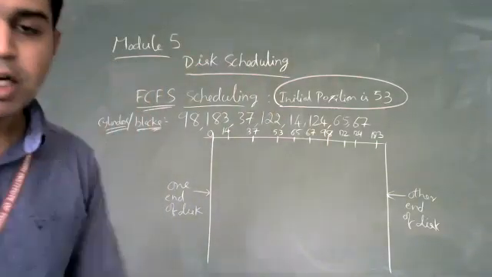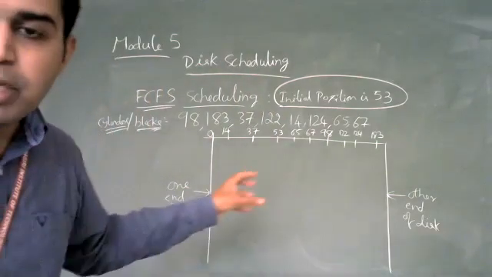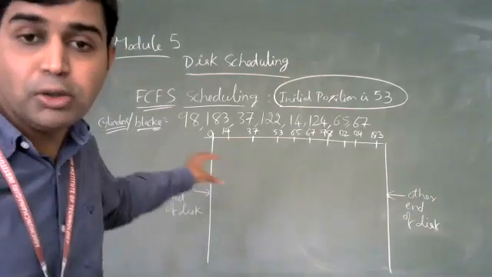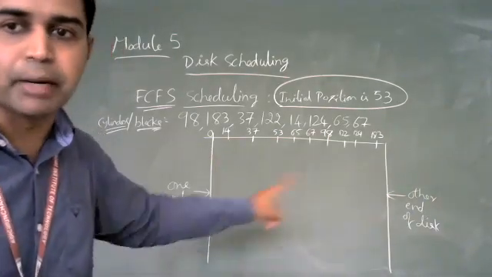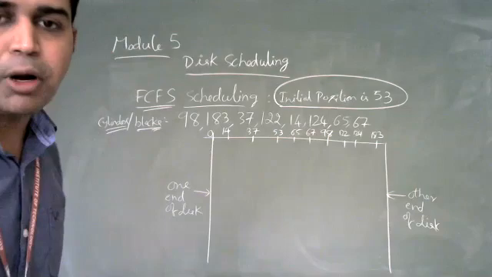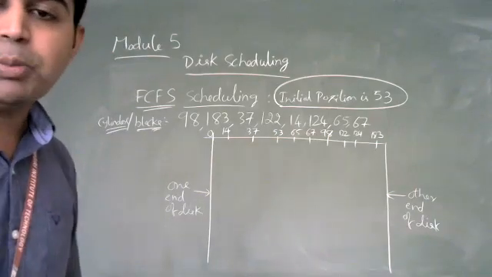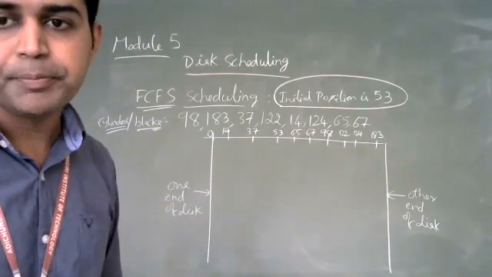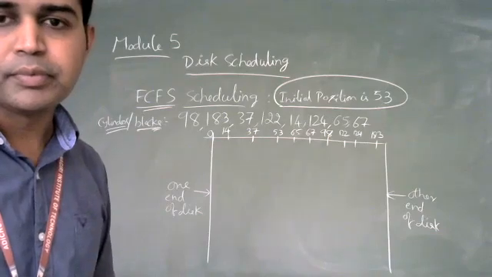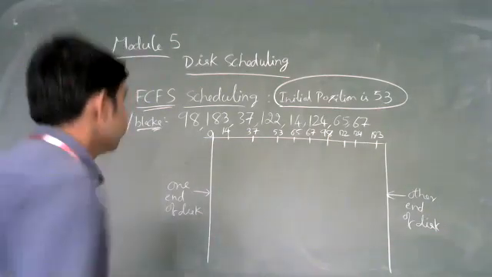So these are the cylinder numbers given in your problem, and we have listed all of them in the diagram. What is the initial position of the read-write pointer? 53.